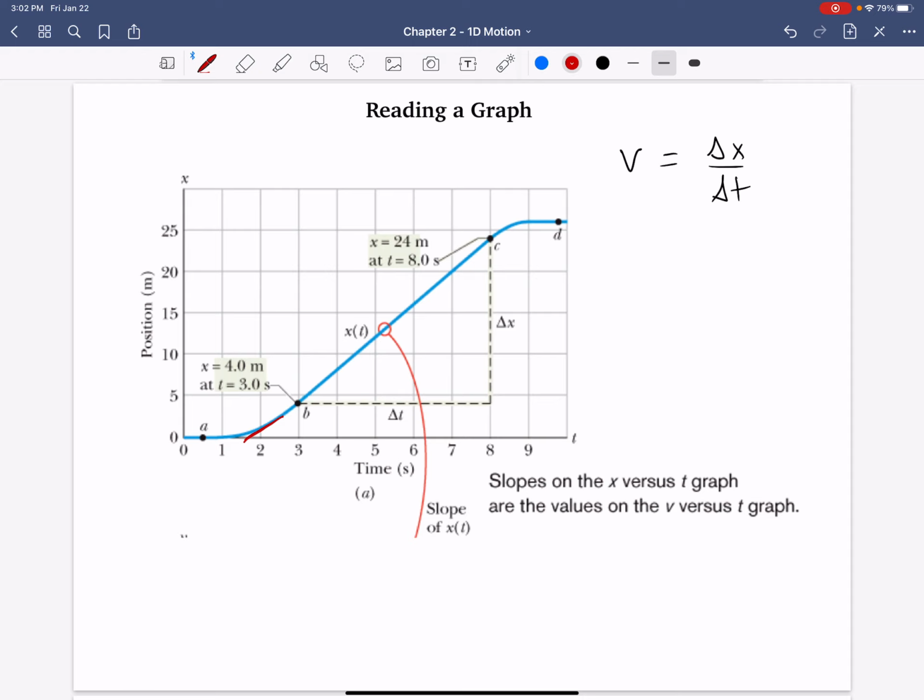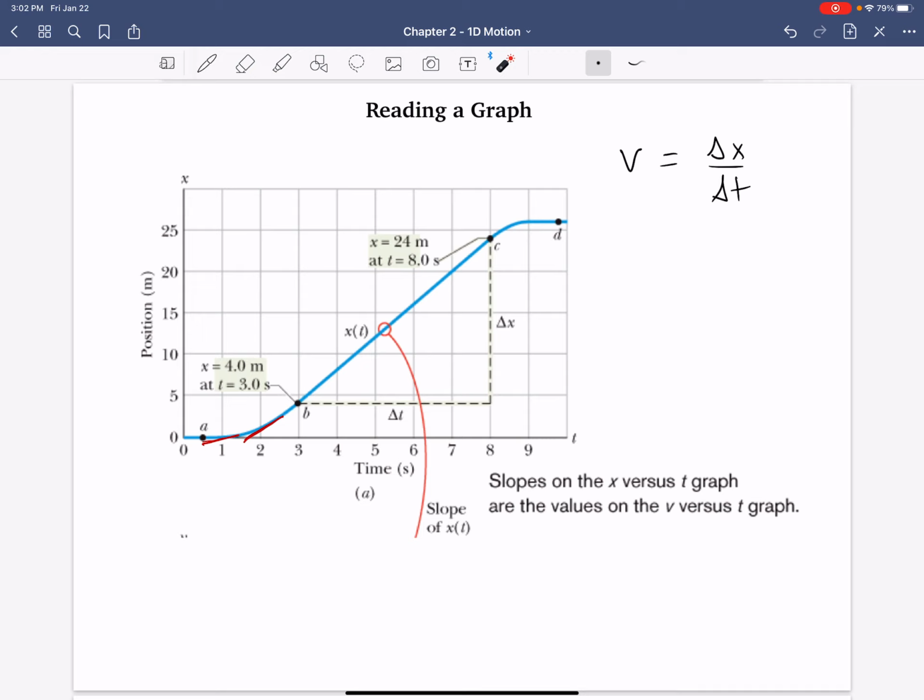So from 1 second to 2 seconds, that slope, the delta x over delta t value, has increased, and the position of this particle has gone from 0 up to some value of, say, 1 or so. So not only has the position increased, but the velocity or speed of the particle has increased, and we see the speed has increased because the slope has increased in magnitude.